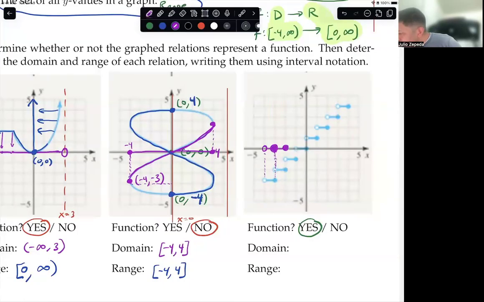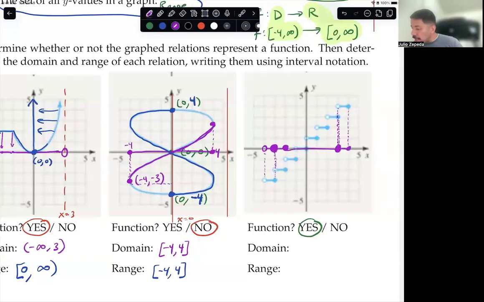So starting from the other side, let me start here. We have a closed circle. And then let me map this open circle down here. So it looks like there might be a gap there because of the open circle, but then when you map this closed circle down, it's in the exact same x value, it closes that gap, and so you can essentially think of this whole thing as just being solid. The domain is continuous along the x-axis.